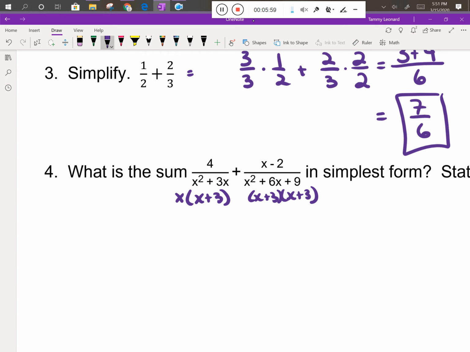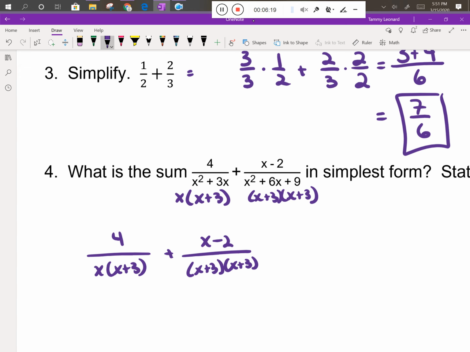All right, so I've got to be thinking about the least common multiple. So I'm going to start writing this out. I've got 4 over x times x plus 3. Notice I left some space to the left. Plus x minus 2 over x plus 3 times x plus 3.